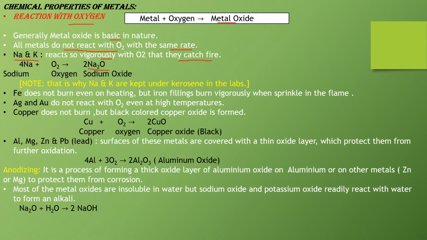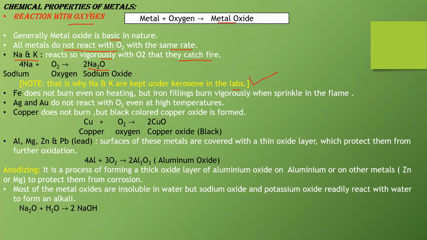That is why we keep sodium and potassium under kerosene in the laboratories, because they are highly reactive. If we keep them in air, then they react with atmospheric oxygen and an explosion may take place. Similarly, we cannot keep them in water because they also react with water to produce an explosion. That is why they are kept under kerosene, and this is a very important question.